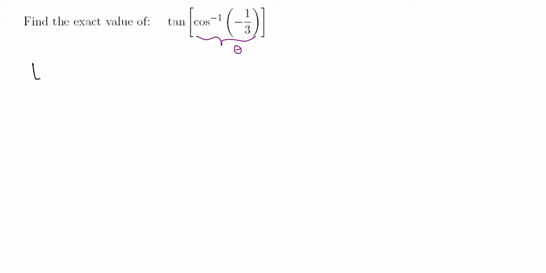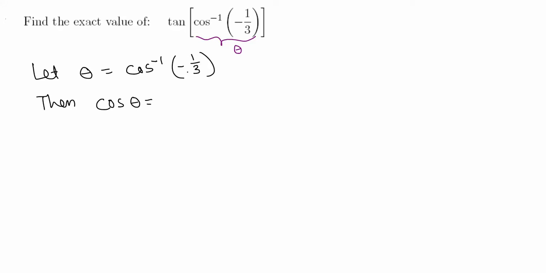So let theta be cosine inverse of -1/3. Then by definition, cosine theta is equal to -1/3, and our theta is in between 0 and pi.